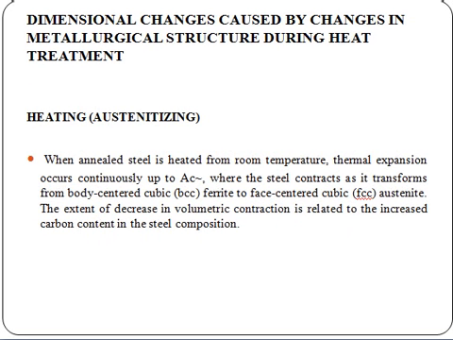Dimensional changes are caused by changes in metallurgical structure during heat treatment. The process of heat treatment begins with heating. When annealed steel is heated from room temperature, thermal expansion occurs continuously up to the point where the structure is transformed from body centered cubic ferrite to face centered cubic austenite.